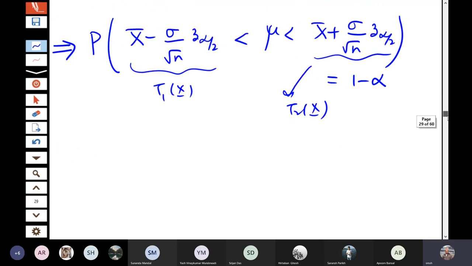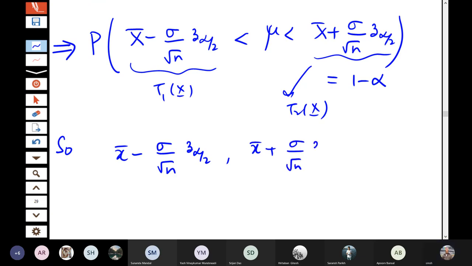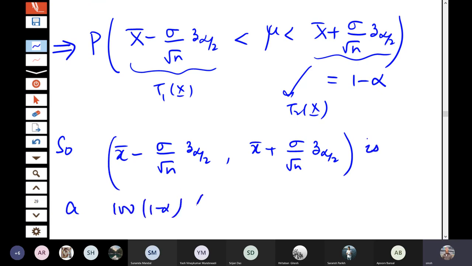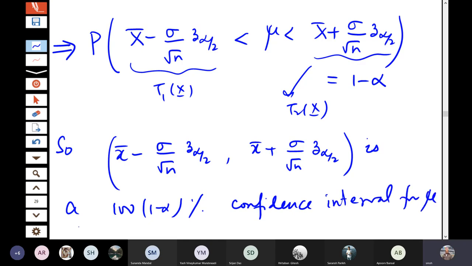So according to our definition of confidence interval, we are having X bar minus sigma by root n z alpha by 2 to X bar plus sigma by root n z alpha by 2 is a 100(1 minus alpha)% confidence interval for mu when sigma is known.